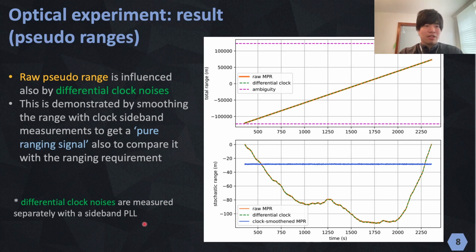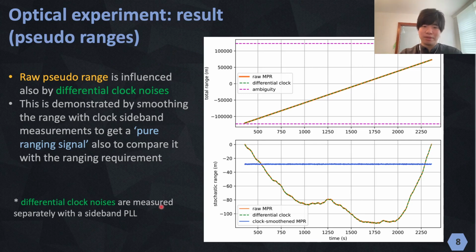So here I'm showing the current result of the pseudo ranges. So I'm showing the raw pseudo range in orange and the differential clock signal measured via sideband bit node in green. So what's important to know is that the pseudo range is affected also by a clock difference because it is an onboard clock itself which generates a PRN sequence.